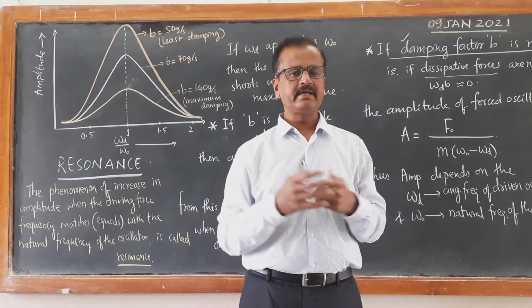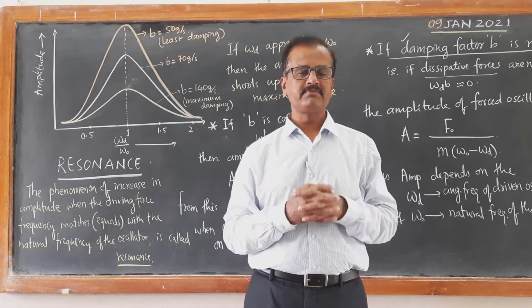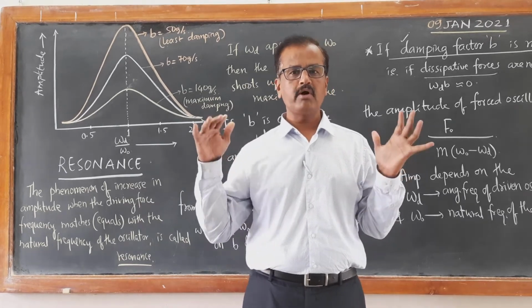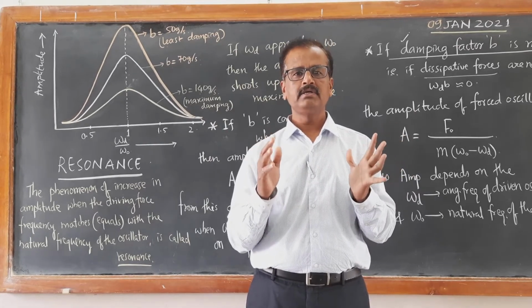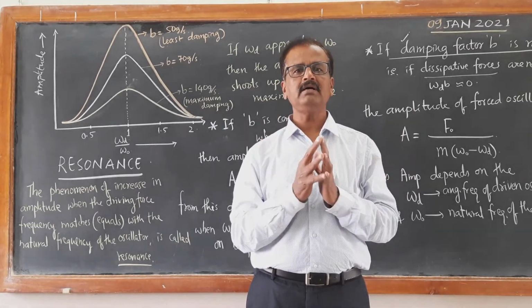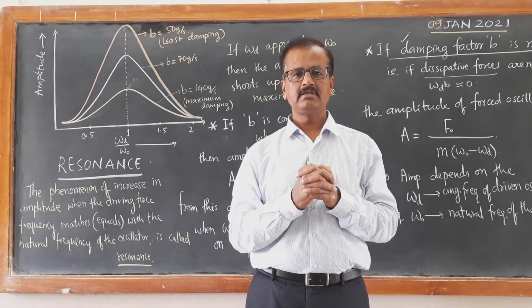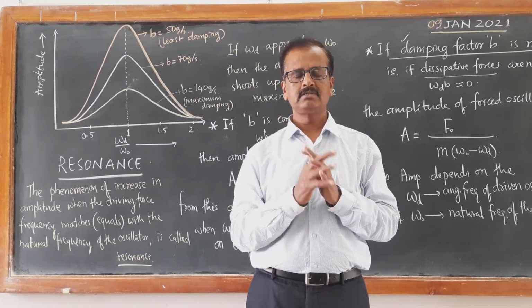So like that we can discuss some interesting phenomena. Soldiers who are marching on a bridge will be asked to step out of the marching. They will be asked to march slowly.